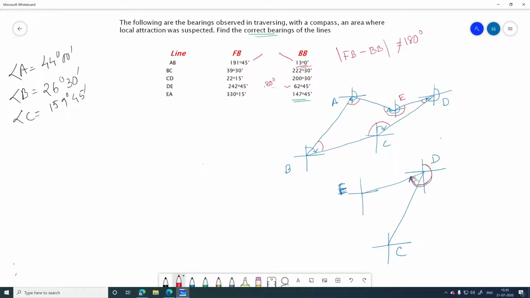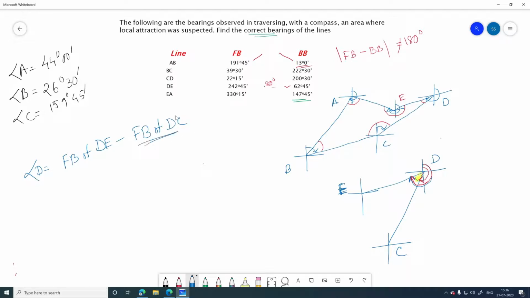Now if we subtract this angle, and this is nothing but forebearing of DC, right? So if you subtract the forebearing of DC from forebearing of DE, we can determine the interior angle D, right? So let's write this. Angle D equals to forebearing of DE minus forebearing of DC.